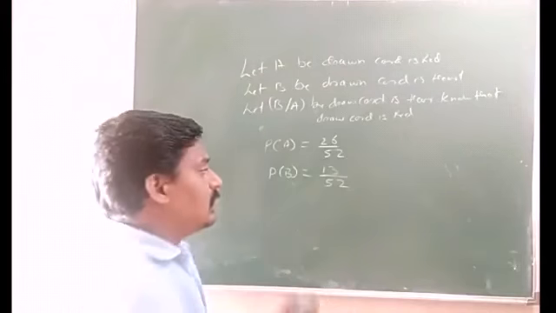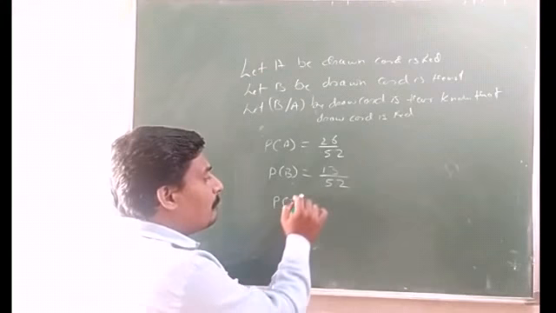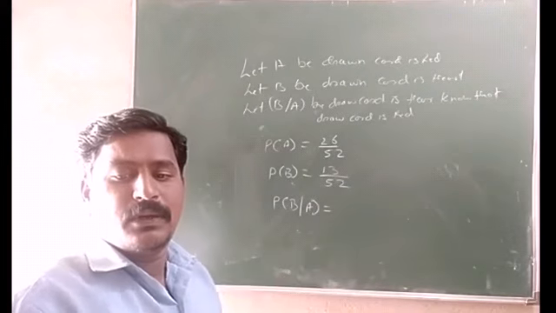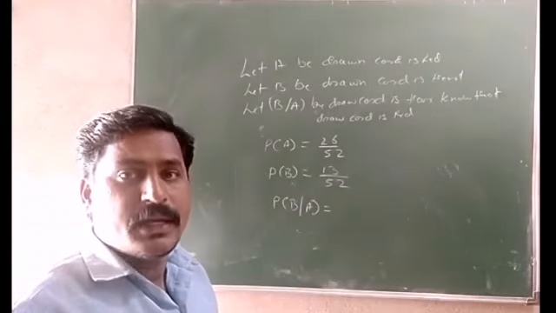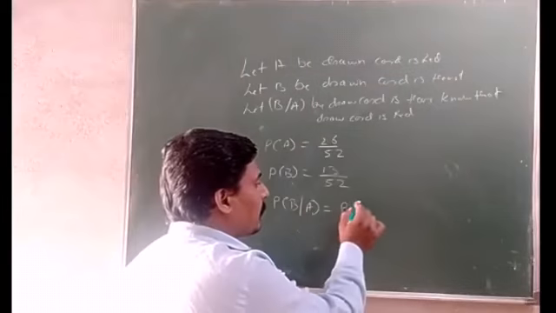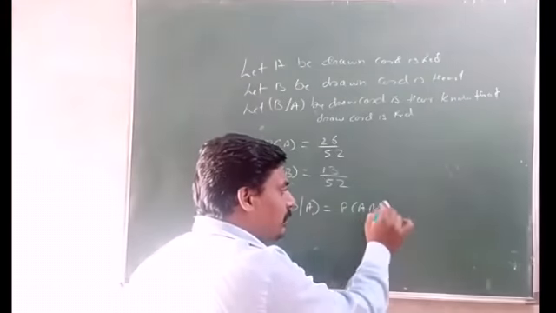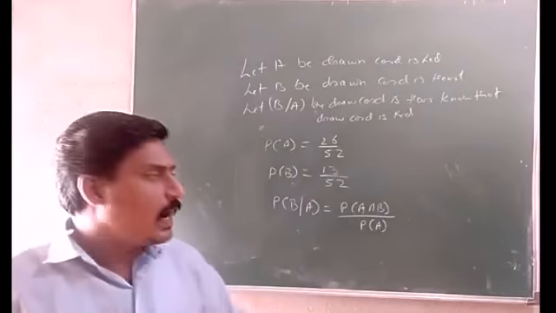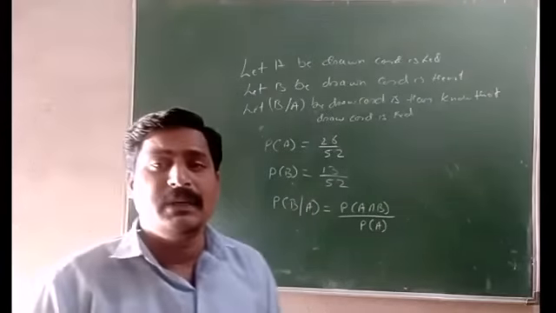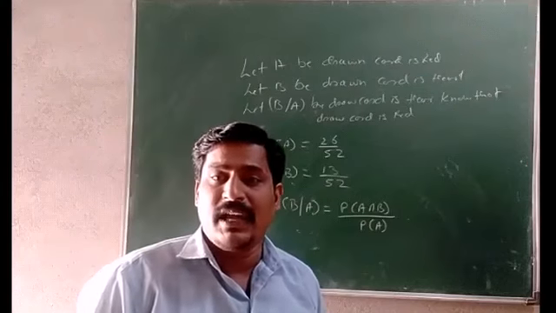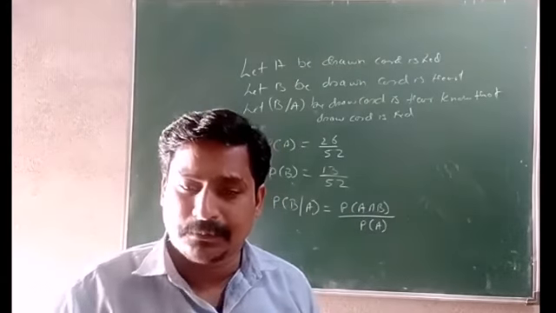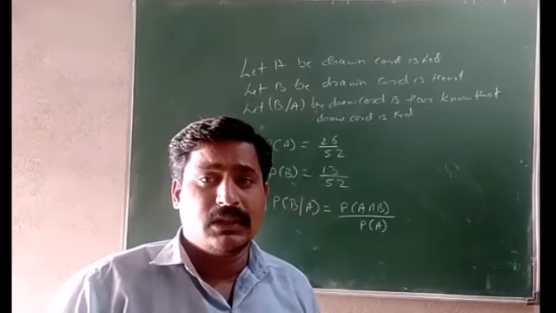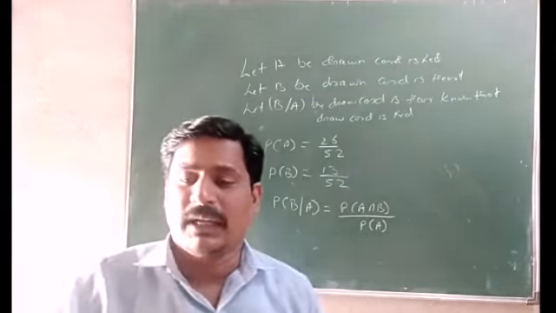Now we know that the already drawn card is the red card, and we are expecting the heart card. That is, probability of B given A is equal to probability of A intersection B divided by probability of A. Now what is probability of A intersection B here? It is getting a heart card out of 52 cards.